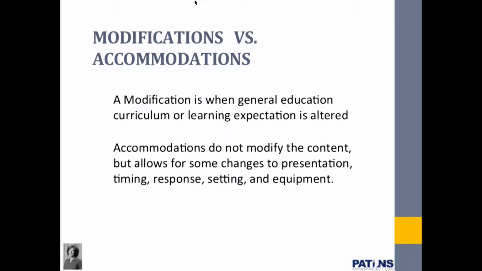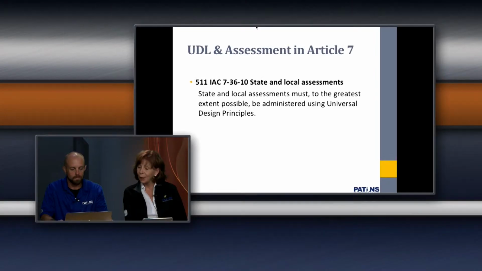An accommodation is when support is in place, enabling a student to fully engage in the grade level curriculum. This accommodates for the disability, but does not modify the content. For testing, this means presentation, equipment materials, response, setting, timing, and scheduling. State and local assessments must, to the greatest extent possible, be administered using universal design principles.